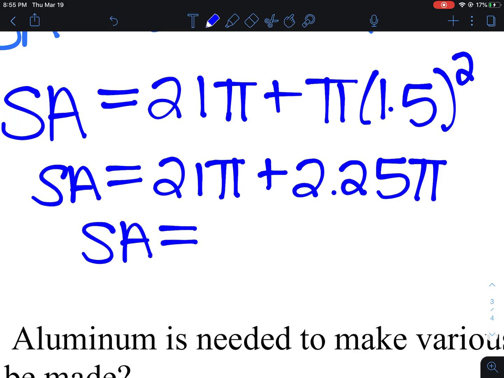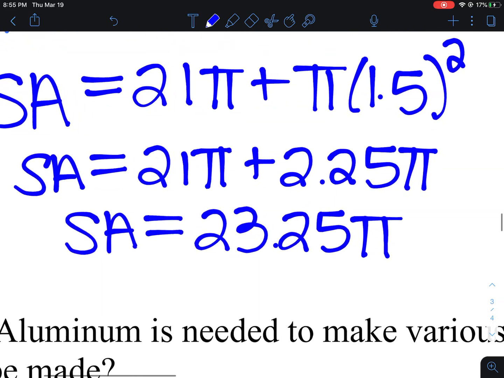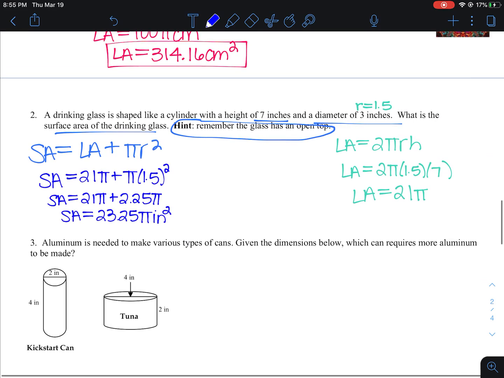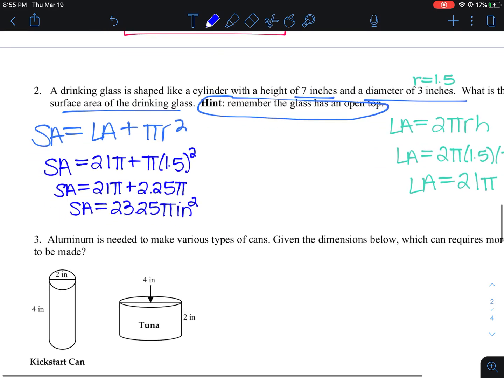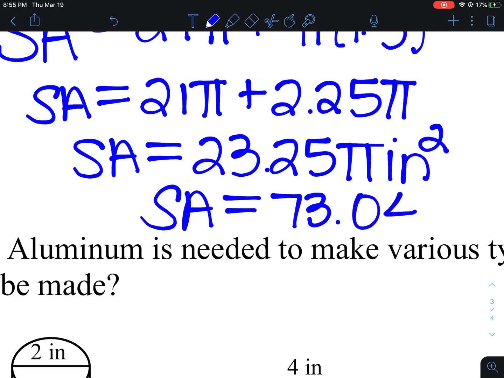So when you add these together, 21 plus 2.25, that's 23.25 pi inches squared. But again, this is a real world problem, so let's not have the pi in there. We want to just get decimals. So when you do 23.25 times pi, that's 73.04 inches squared.